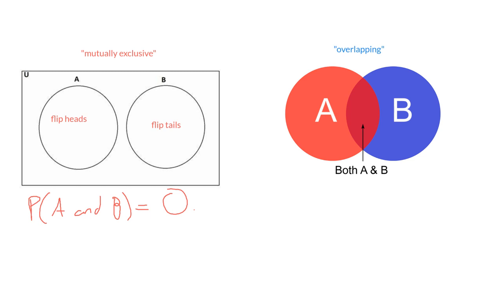Now we're going to look at the other term, which is called overlapping events. Overlapping events can happen at the same time. These are trickier to come up with examples for, but I'm going to try anyway. Let's say you roll 2 dice, and one event is that the total is even.